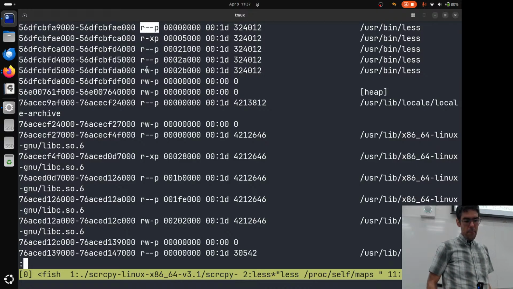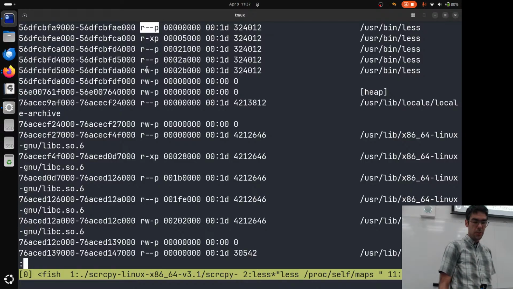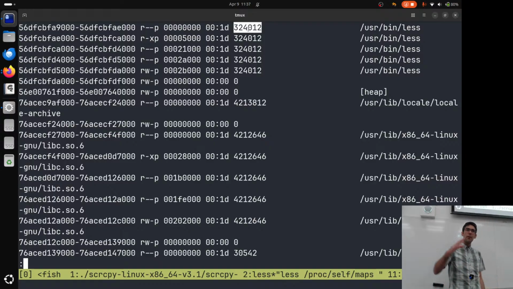We also have extra metadata about these things. And notably, we have permissions attached to each of these mappings between the file that we've got and the memory that we're mapping it to. We've also got things like inodes, and the inodes here are a relationship between the actual file that's being loaded into the address space. And so that's a little bit of a red herring.